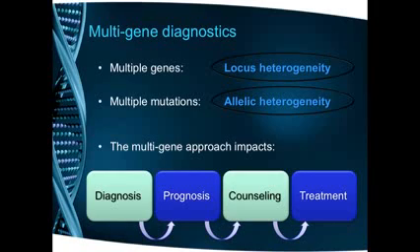So the challenge in a diagnostic lab is that you often have to look at multiple different mutations and at multiple different genes, and how do you do that? It's very important to do that in a logical way, because it affects how you make the diagnosis, and that has an influence on the prognosis of the patient. It influences how accurate your counseling can be, and ultimately also the management and the treatment of your patient.